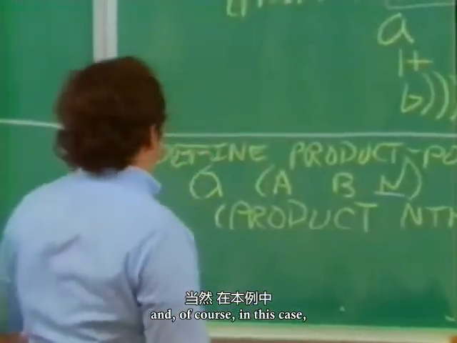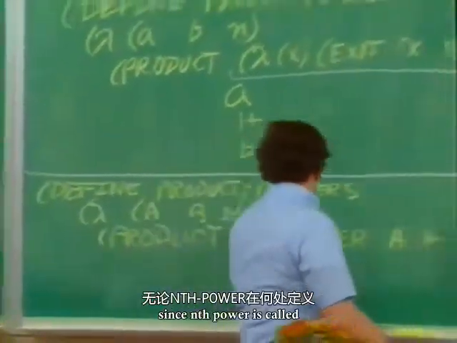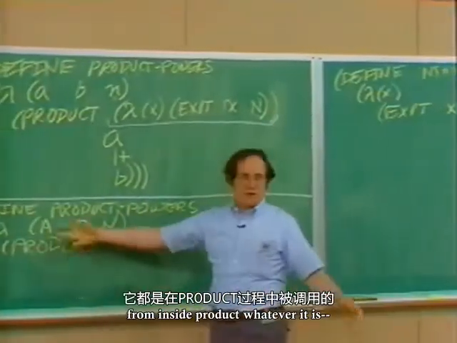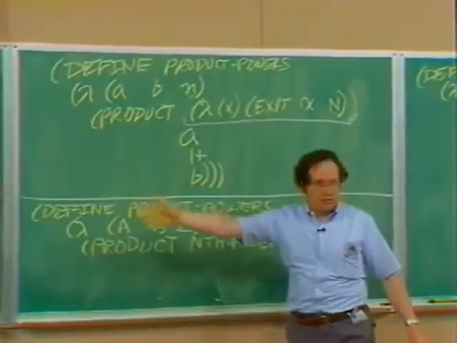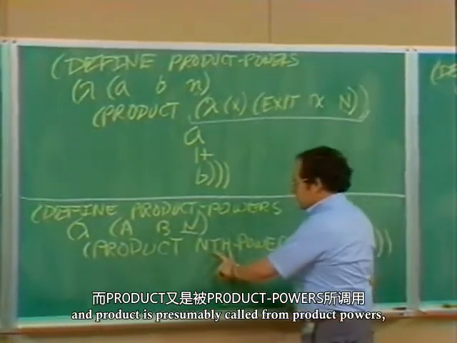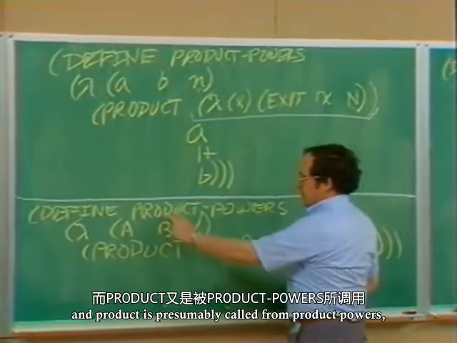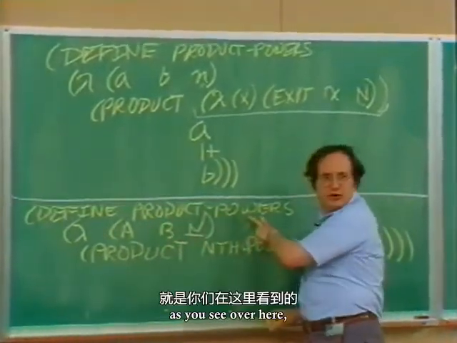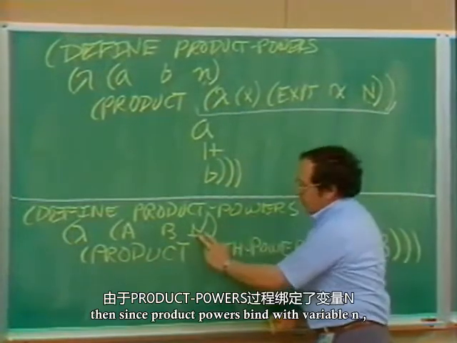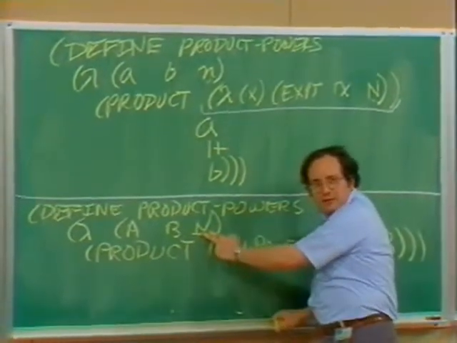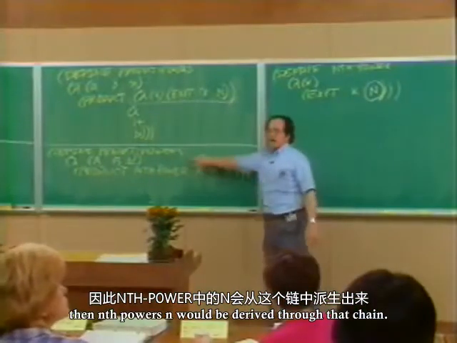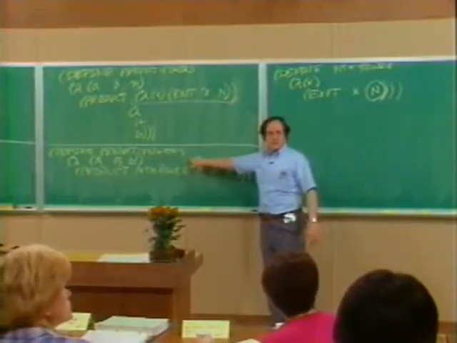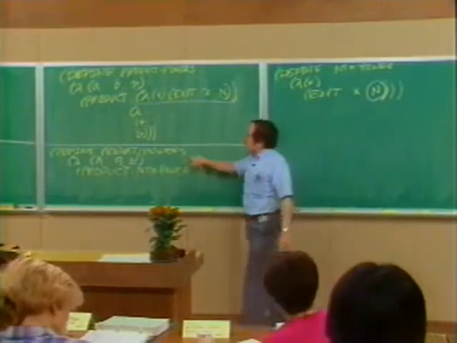And of course, in this case, since nth power is called from inside product, whatever it is, I didn't write, I wrote sum, which is the analogous procedure. Okay? And product is presumably called from product powers, as you see over here. Then since product powers bind the variable n, then nth power's n would be derived through that chain. Okay.